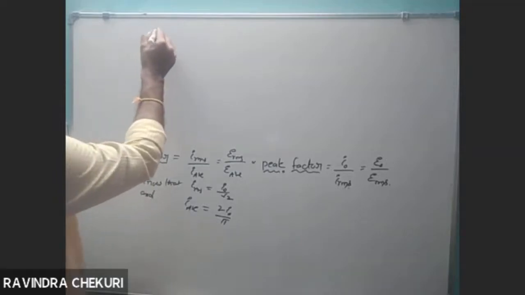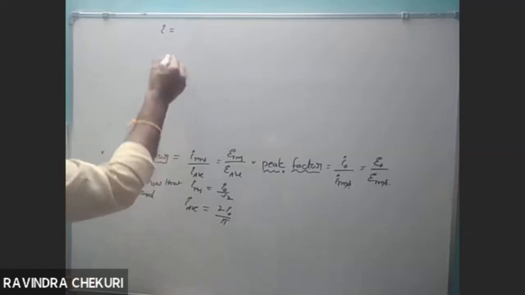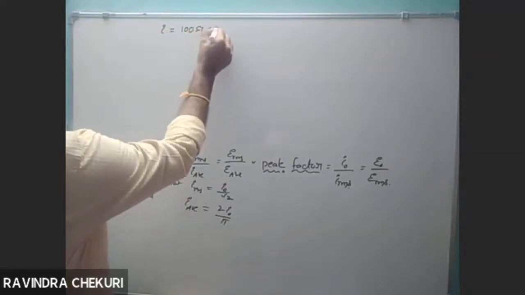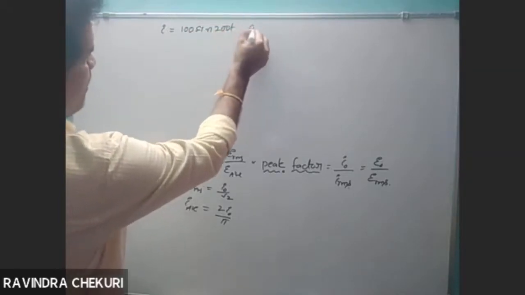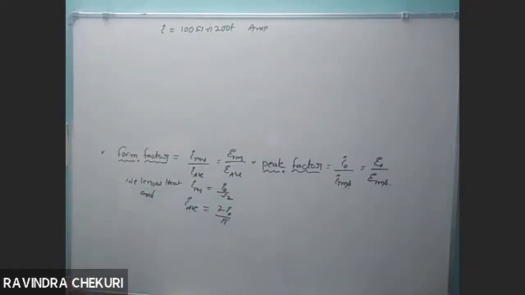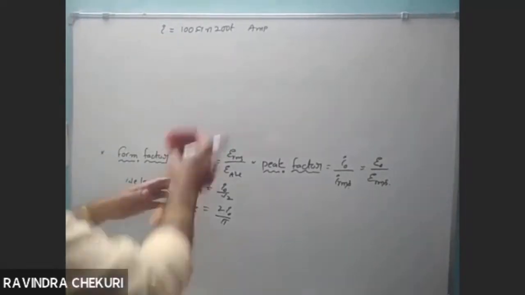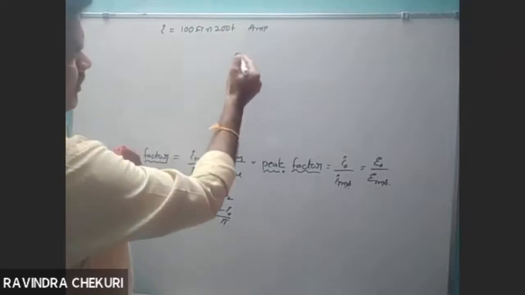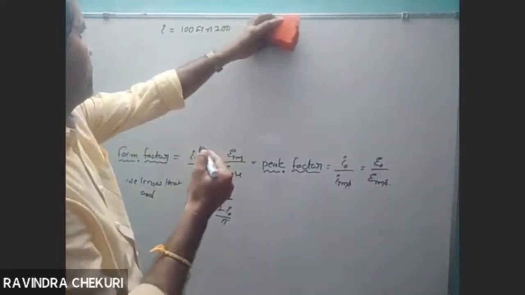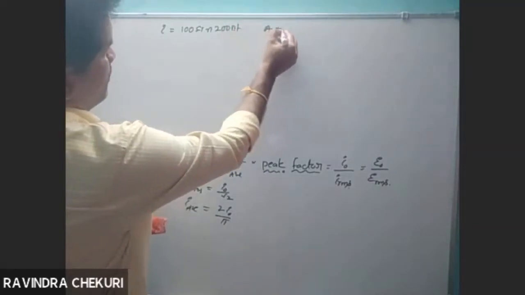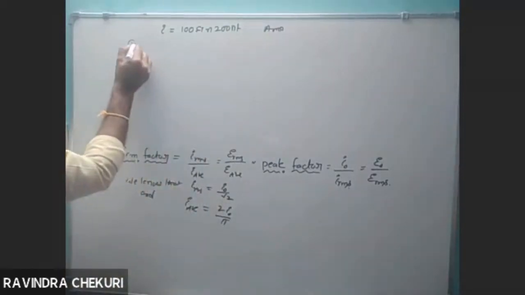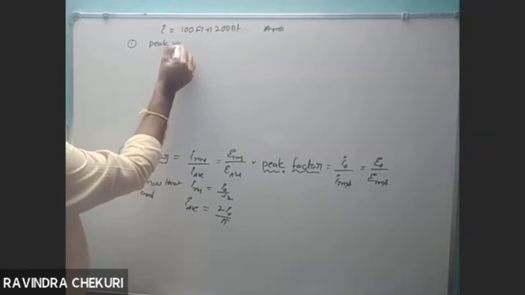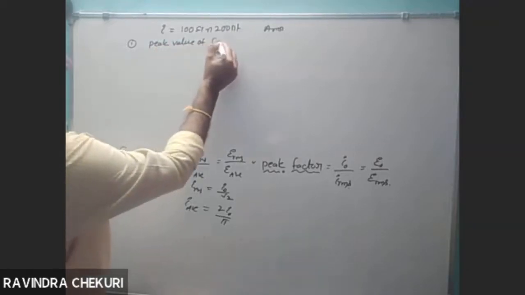Okay. The instantaneous current generated by an AC source is I equal to 100 sine 200 pi t amperes. The first question: what is the peak value of current?